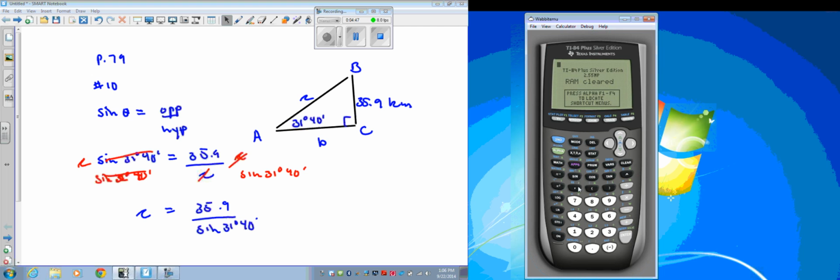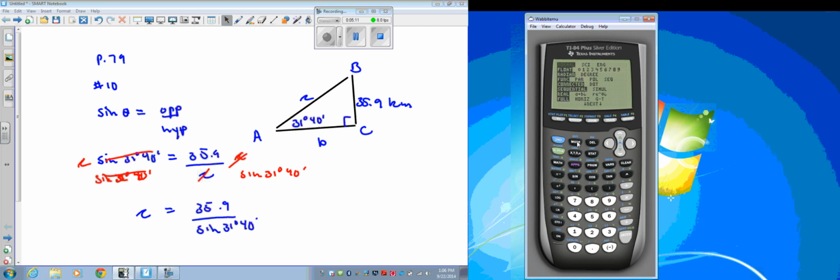And what did we say we should always do? Always start out by doing sine of 90. And what do we know we have to do? We have to change the mode, this has to be 1 for us to have degrees.